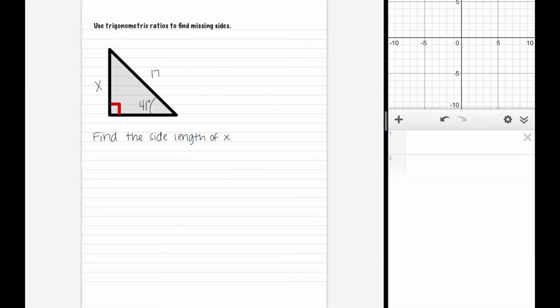We have to figure out what information am I given. So from angle 41, okay, so from this angle, what information am I given in this triangle? Well, I know that the side that's labeled X is the opposite side from the 41-degree angle.